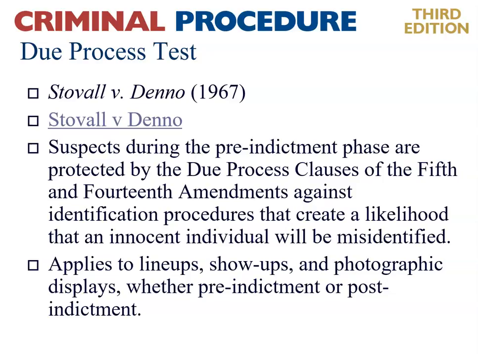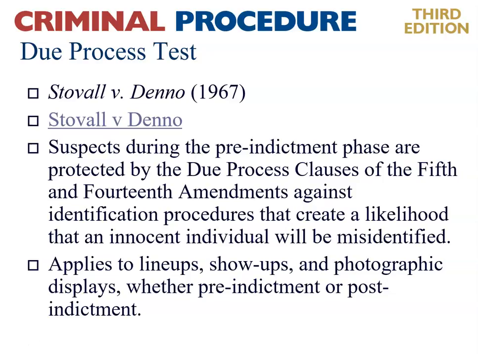The court responded in this case to the concerns of the dissenting judges and held that suspects during the pre-indictment phase are protected by the due process clause of the 5th and 14th Amendments against identification procedures that create a likelihood that an innocent person will be misidentified and deprived of life or liberty, which would be, say, the death penalty or prison, without due process of law.